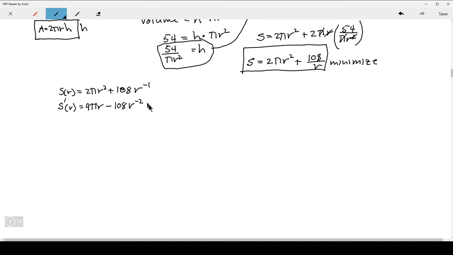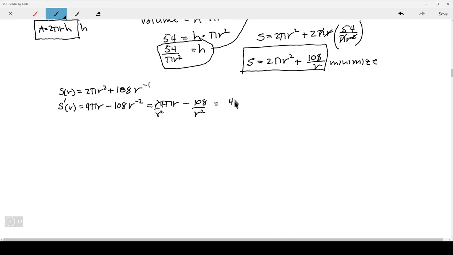All right, so I need to fix this because I need to find out where this is 0. So 4 pi r minus 108 over r squared. And then I need to multiply over here by r squared over r squared to get a common denominator.